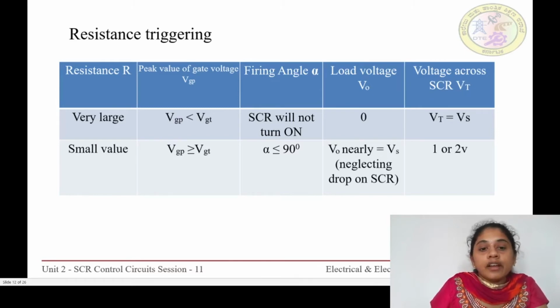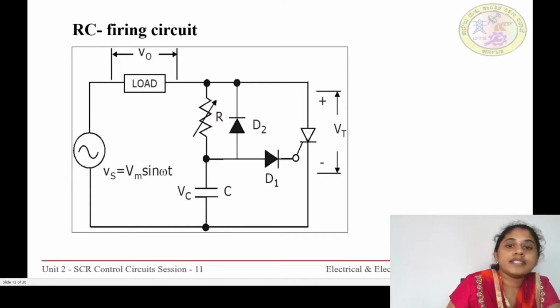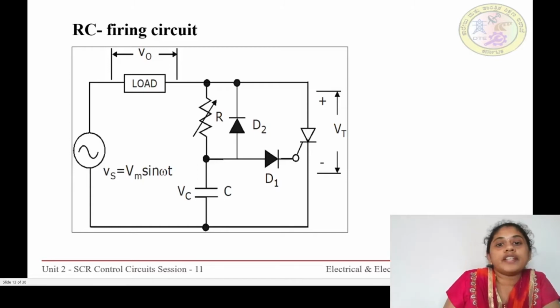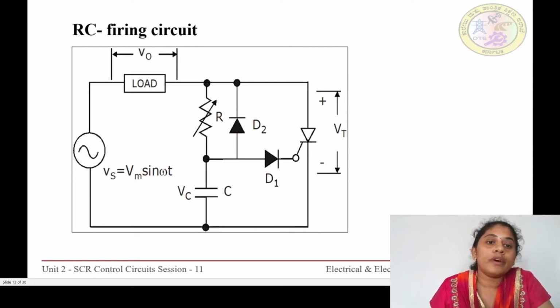Next slide. In the next slide we'll see the RC firing circuit. The main limitation of the R firing circuit is that the firing angle cannot go beyond 90 degrees. That limitation can be overcome here, which has a firing angle of 0 to 180 degrees.